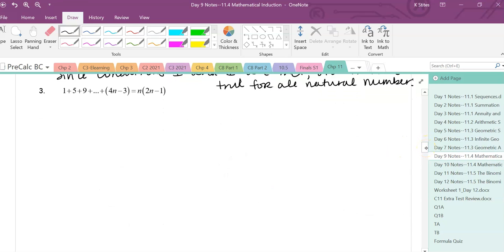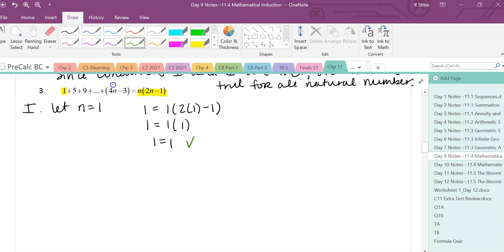Again, first step, we're going to let n equal 1. And we're just going to go 1 equals this side. We're plugging in a 1, so that's 1 times 1. And oh wow, yes, it works. Again, you could also plug in the 1 here: 4 times 1 minus 3 is 1, and that would still equal 1. All right, next.